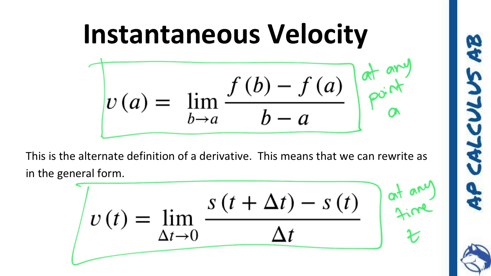So we can model it. This just gives us at any point that we plug in for A. This is at any time t. And so as the change in t approaches 0, that s of t, we're approximating that tangent line right at that point. This is the instantaneous velocity at any point that is on that original position equation.